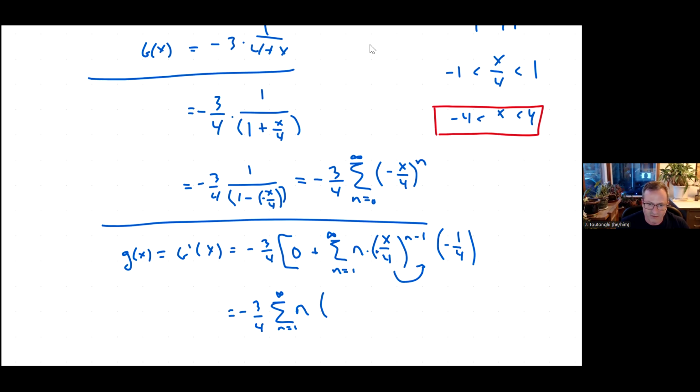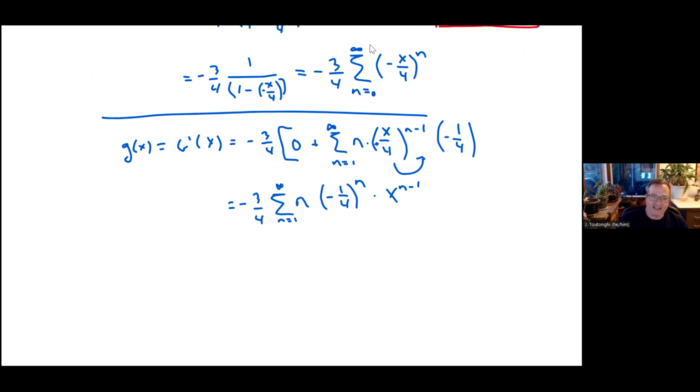So I've got (-1/4) to the n, and then times x to the n minus 1. I pulled that -1/4 out because I had another one over here. I still have a -1/4 in front that I could also bring in, but we can leave it out there. It's fine. But I need to get my index to start back at 0.